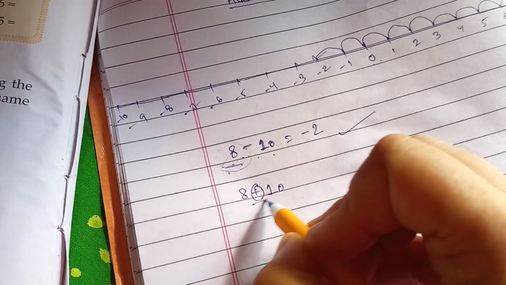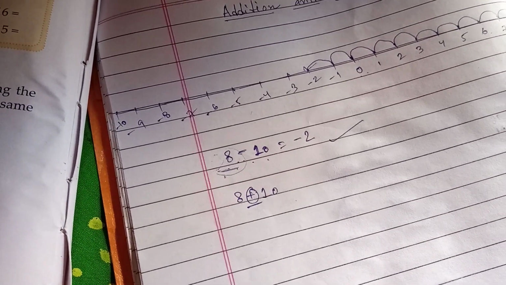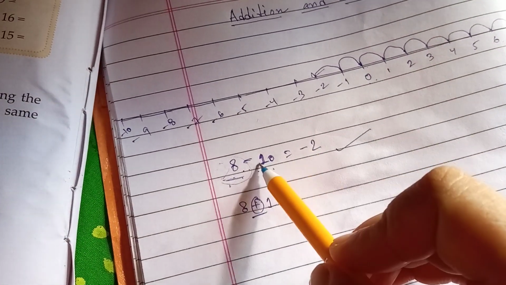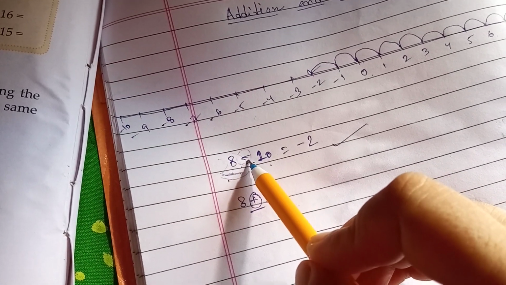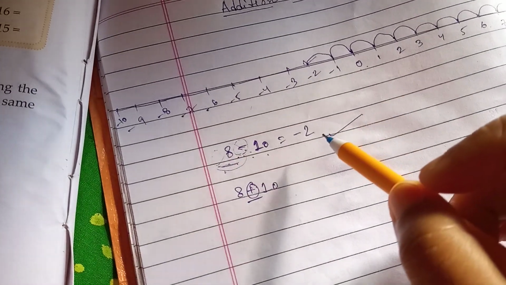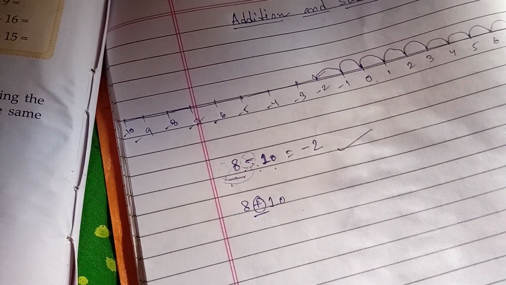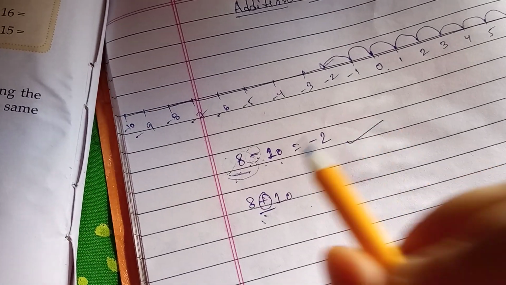Here the sign is plus, so we will move to the right side of 8, not the left side. Whenever you check the sign, the negative sign indicates the left side of the number, and the positive sign indicates the right side of the number. Okay, so you have to check these things, and then you solve the problem.